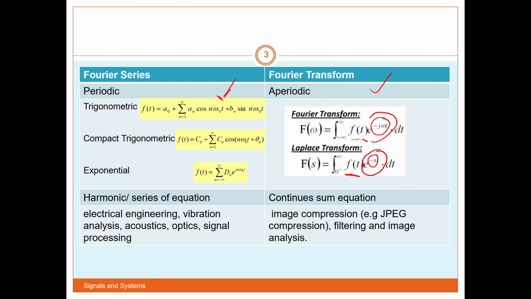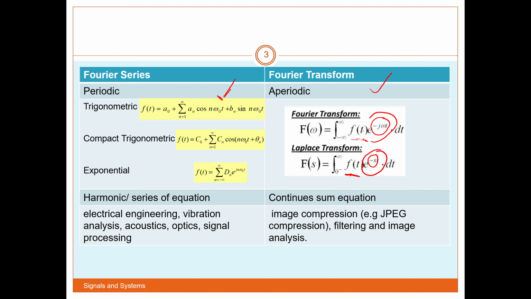And then for Fourier series, we will have a harmonic or series of equations, having a coefficient and then the function. But for Fourier transform, we will have a continuous sum equation. That means even though it's aperiodic, we will continue to convert and add.